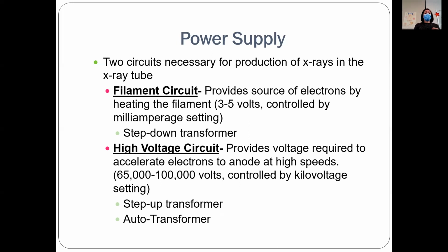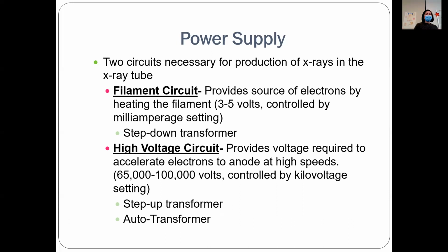Next, we need to have the voltage increase now. So we've reduced it down, we have an electron cloud, but now we need more energy to boost this process to get the electrons to go over to the anode. So now we have a step up transformer, and it's going to take that voltage and ramp it way up to 65 to 100 kilovolts.